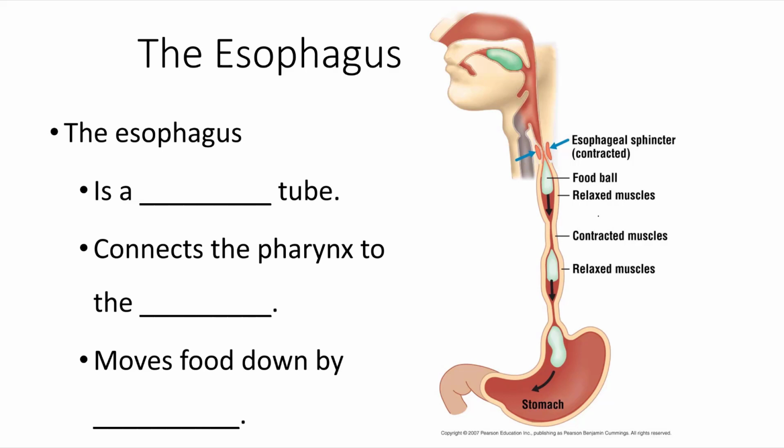As we continue on this tour, the esophagus is a long muscular tube, and it connects the pharynx to the stomach. Food moves down the esophagus by means of a smooth muscular contraction known as peristalsis.